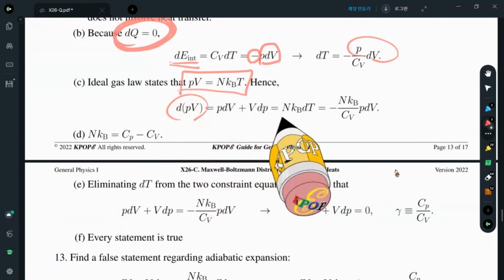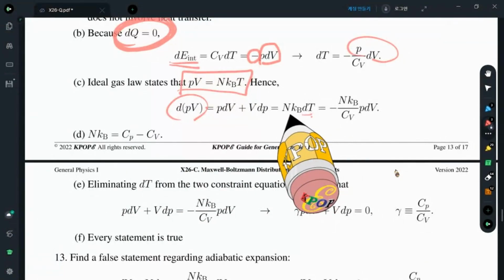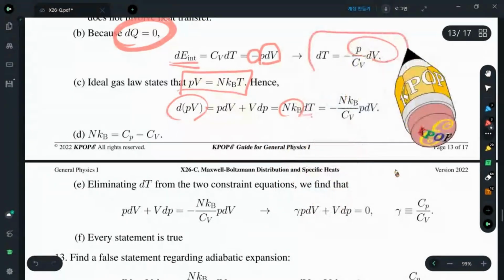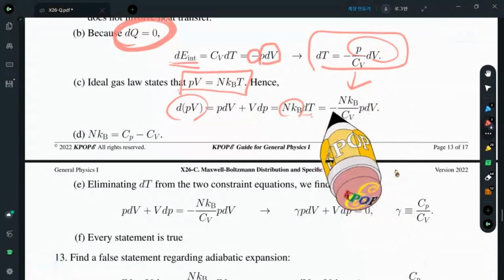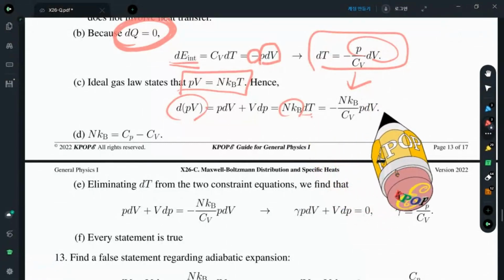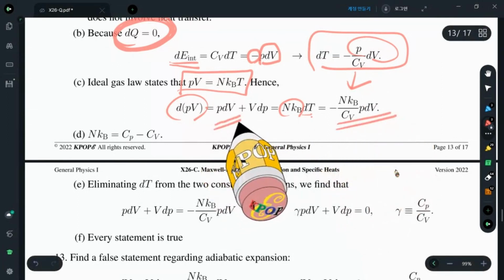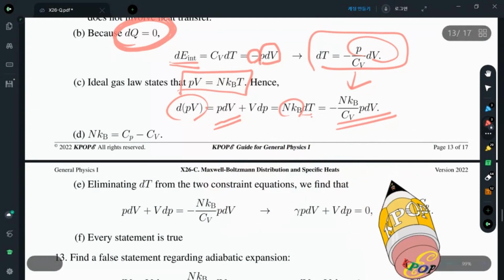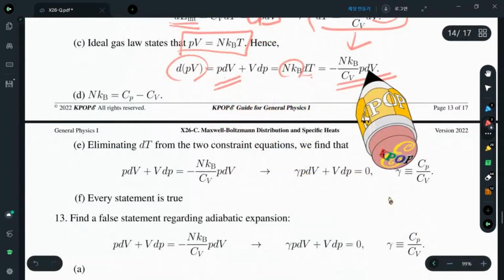The right side is NkB dT. Using this formula, if we substitute, we get NkB minus CV, and we have PdV on both sides. So we combine these two.